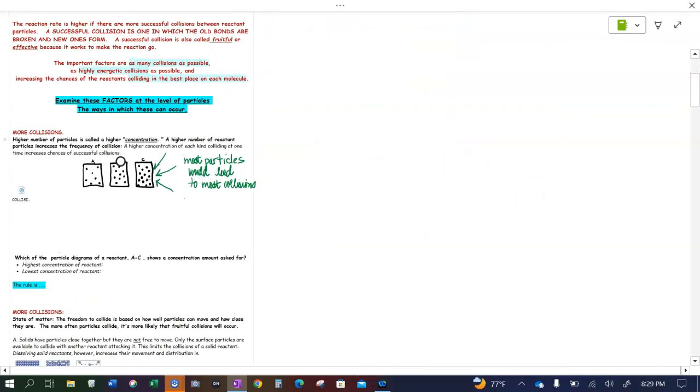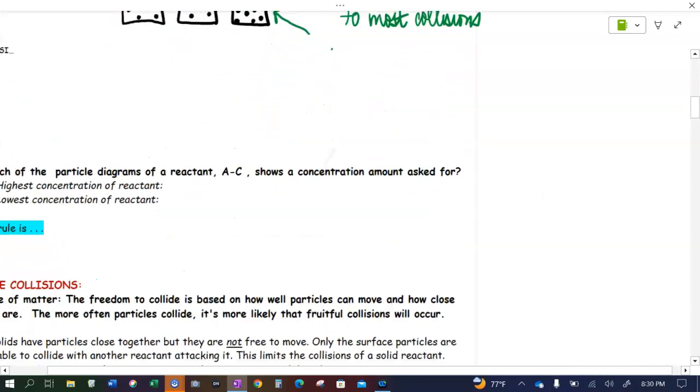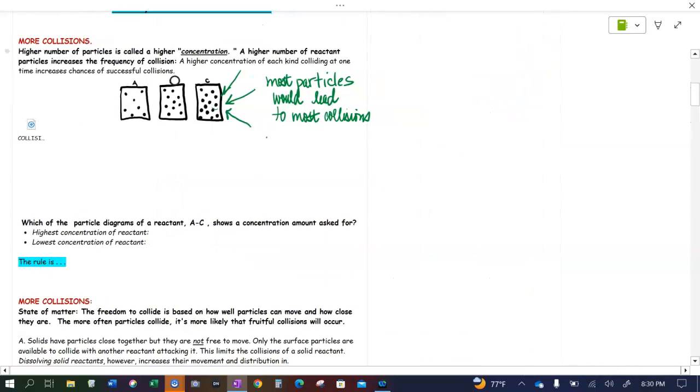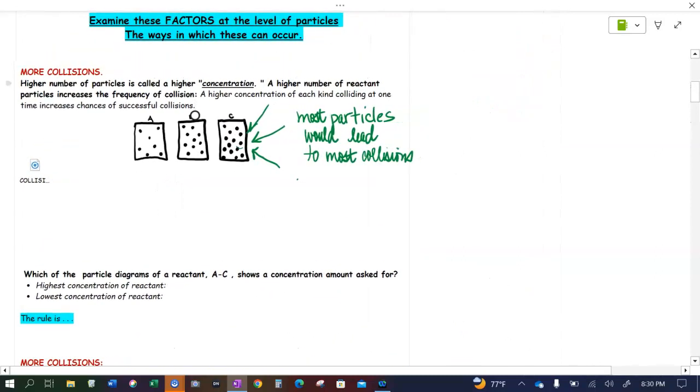So let's see. I want to introduce you to this concept. Which of these shows the highest concentration? A higher concentration of each kind colliding at one time increases the chance. The word here that is a very chemical word is concentration.